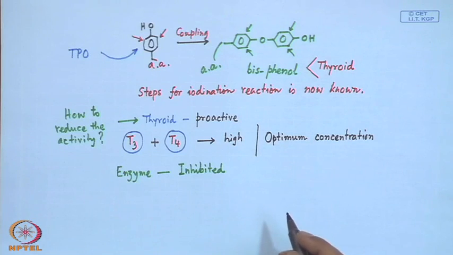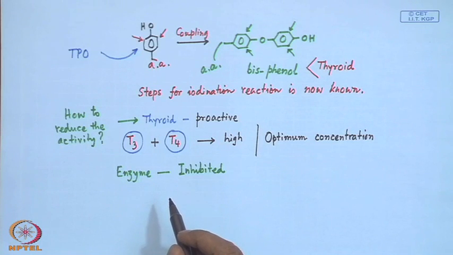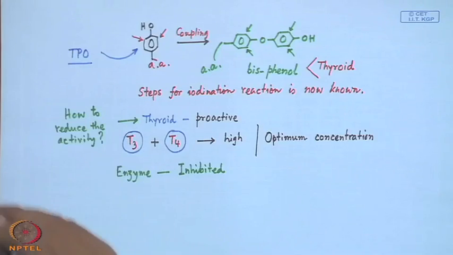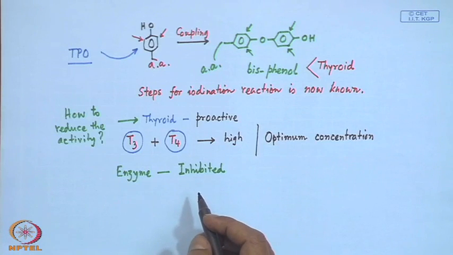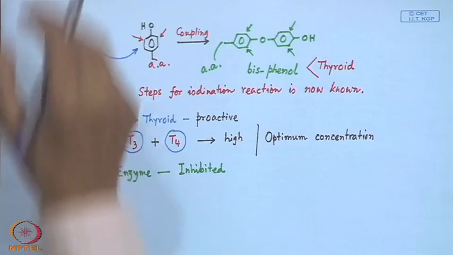So, we look for a mechanism where we can reduce the activity of TPO only. How do we slow down the corresponding reaction of this TPO molecule? We can have some mechanism for that, and we can go for an inhibition reaction.